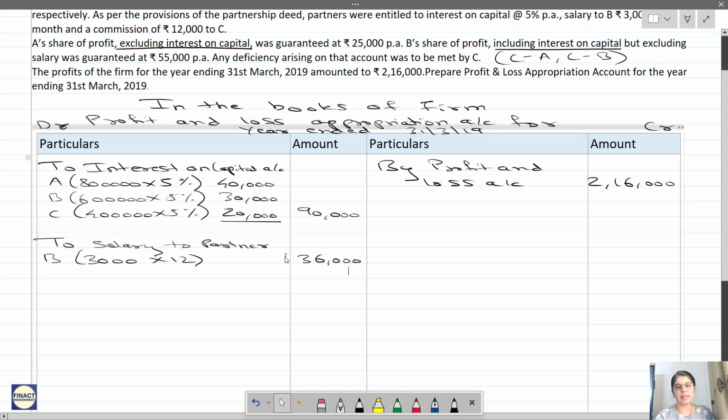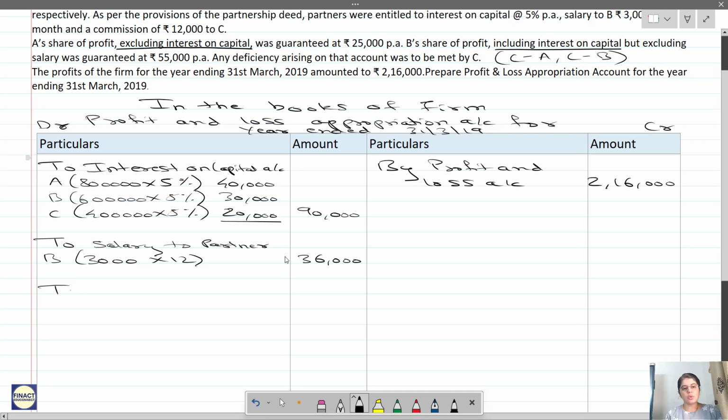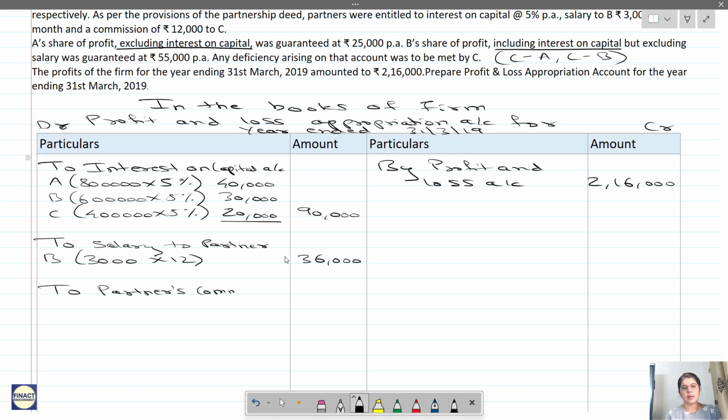To partner's salary or to salary to partner, any account name is fine. Then commission of 12,000 to C. So to partner's commission, C. How much is that? 12,000.